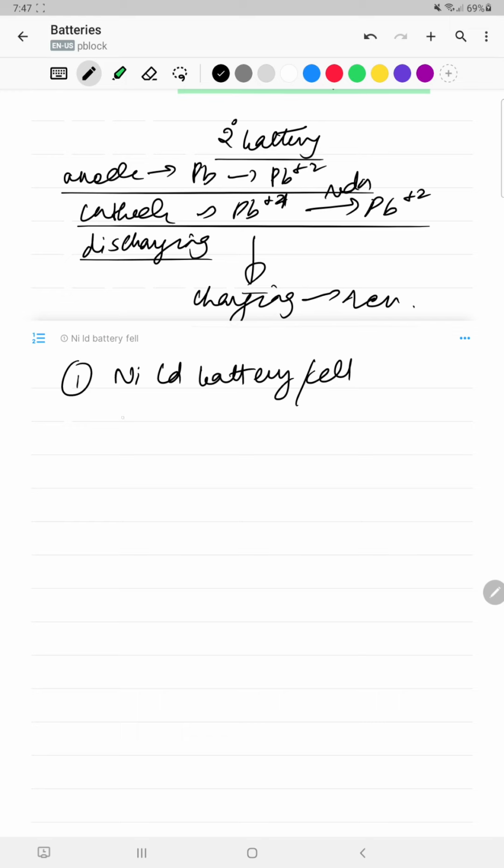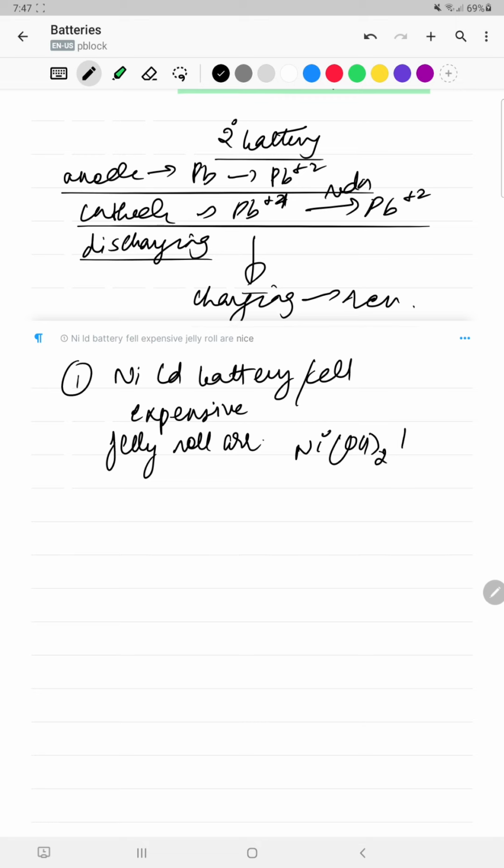It is very expensive. Why? Because cadmium is not easily found, so it's really expensive, and it has a jelly roll arrangement. We all can remember that jelly roll arrangement, and this is the product.